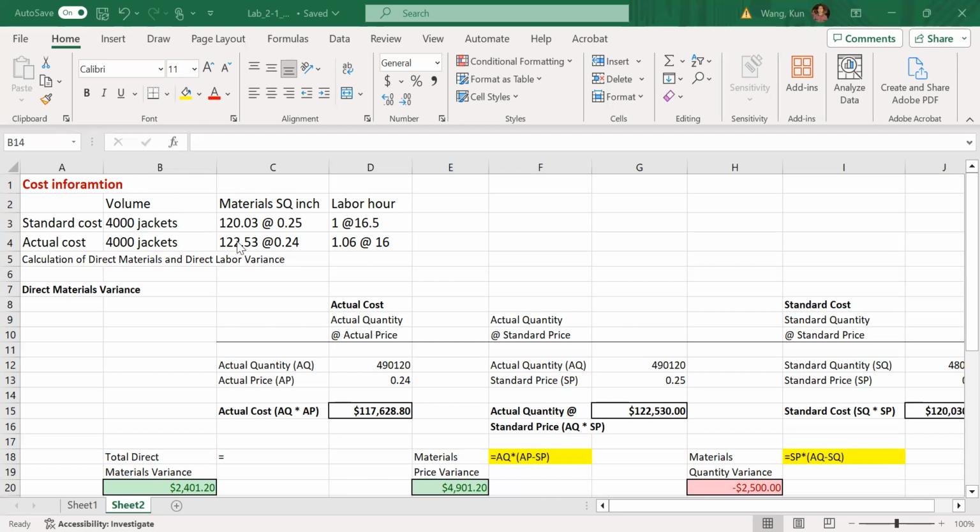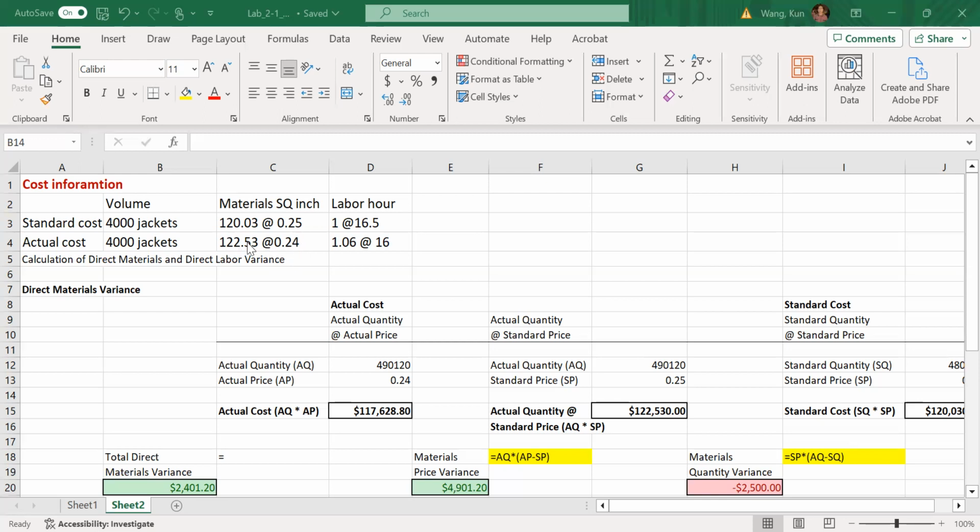Then the material actual cost, per jacket, apparently we can see we used more material than the standard quantity per jacket. We use a little bit over two square inches more per jacket. But the material cost per unit is 1 cent lower than the standard.